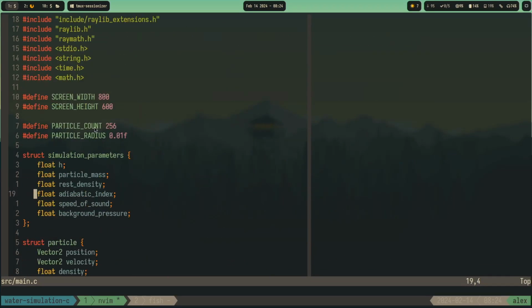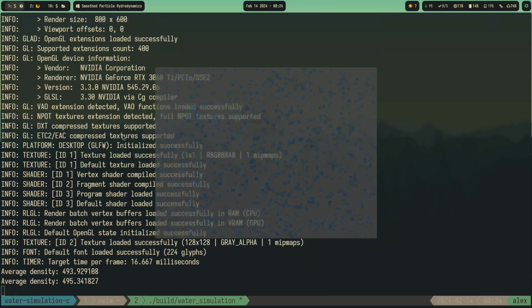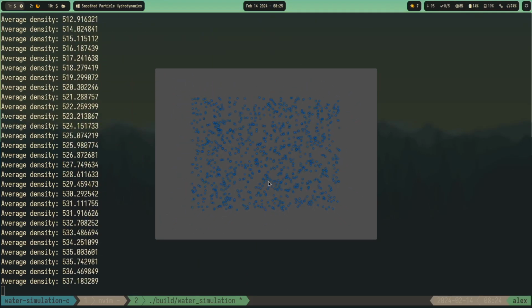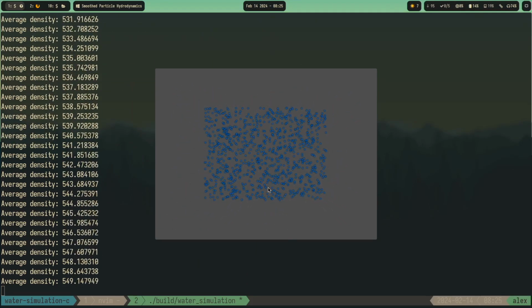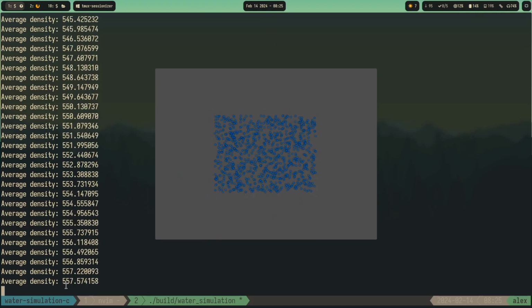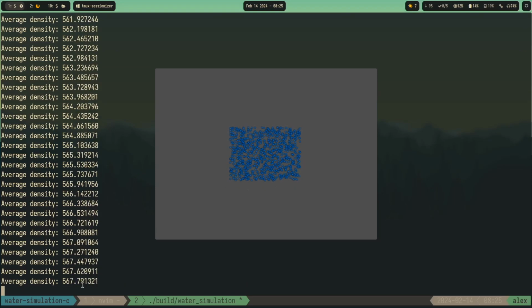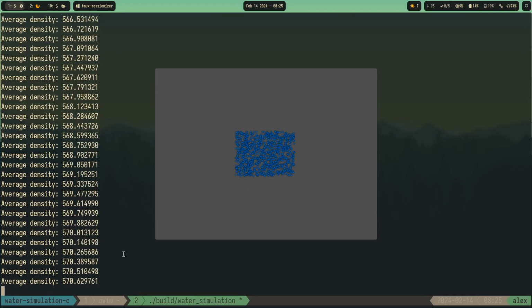I mean, let's try to put more particles, something. Yeah, again, they still move towards the center. I mean, because it makes sense, I guess, to try to increase the density to 1000, right?